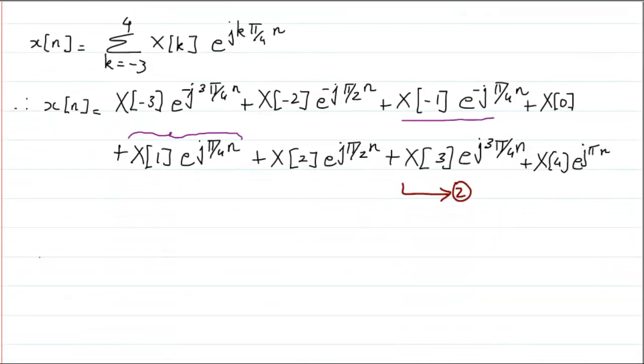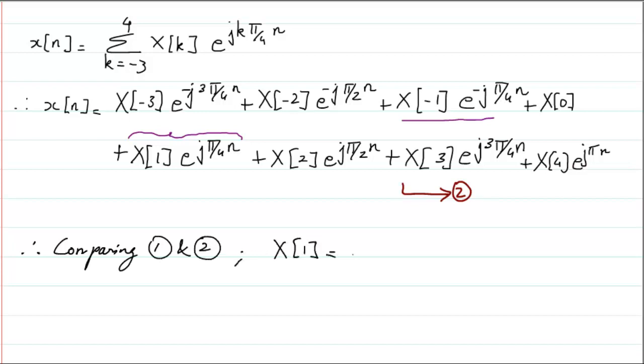So I will write, therefore, comparing equation 1 and 2, we can say that capital X of 1 is equal to 1 by 2, capital X of -1 is equal to 1 by 2.